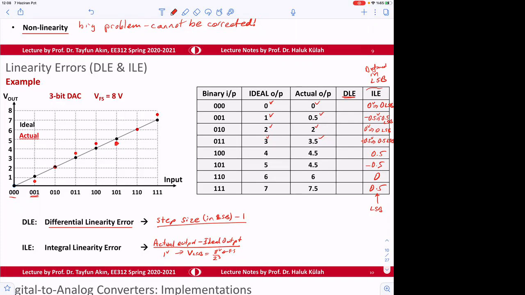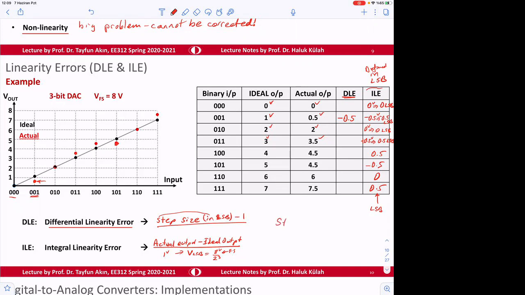We expect the signal to go 1 LSB up, but it is 0.5 LSB less. So step size is how much it increases here. Maybe I should give the definition here.